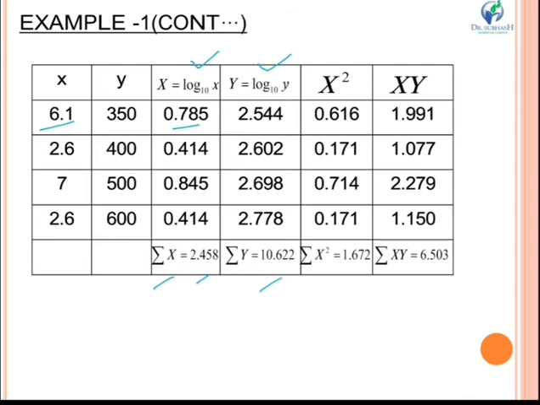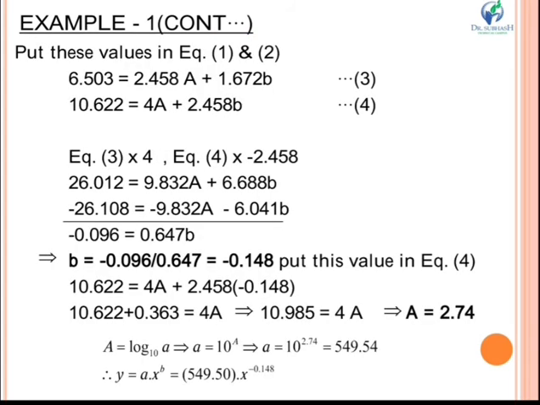Now I will square capital X. So summation of capital X square will be 1.672, and I will multiply capital X and capital Y. So on adding this we get 6.503. Now I will put all these values in equation 1 and equation 2. On putting these values, I get next two equations, that is equation 3 and equation 4.